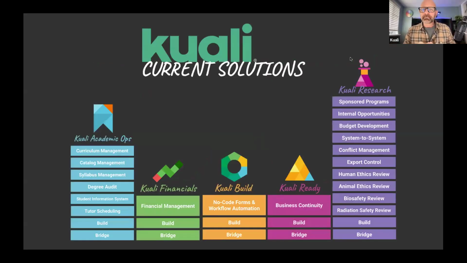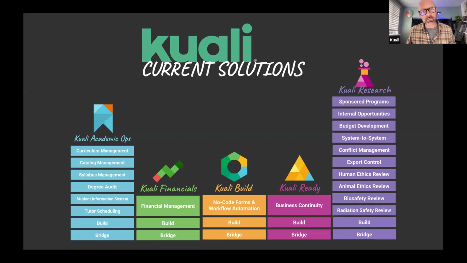Before we get into the demo, I want to share just a little bit about the company. Kuali offers a variety of suites for administering higher education. There is a whole suite of tools dedicated to Kuali's academic ops, and you can see the list there. Today, we'll be focusing on our curriculum solution and our catalog solution. We also have tools for the business office, for financial officers with financial management.